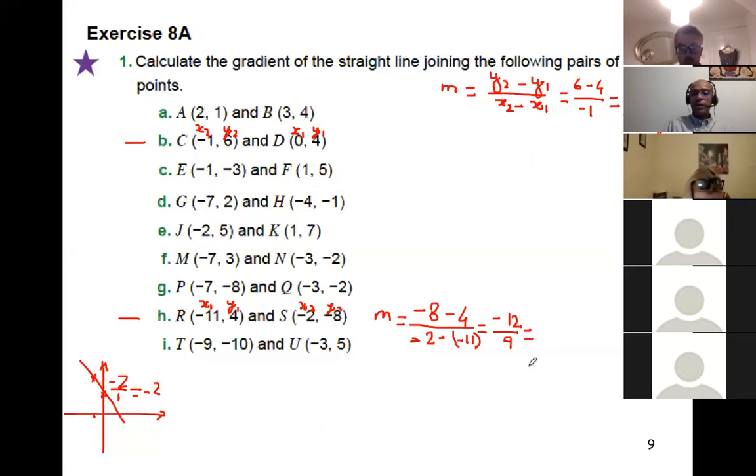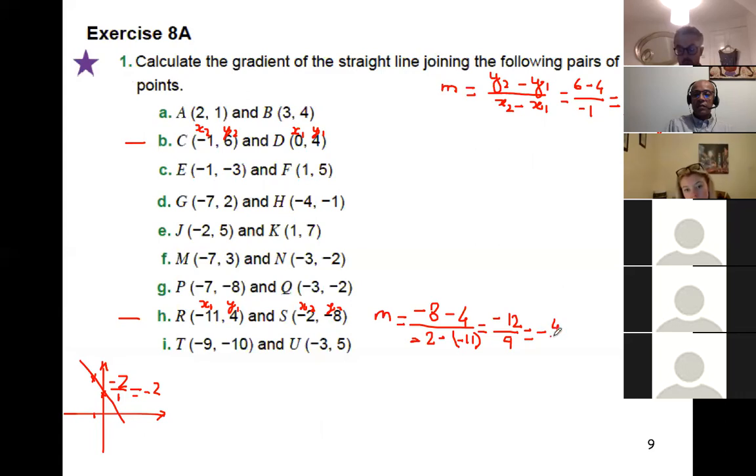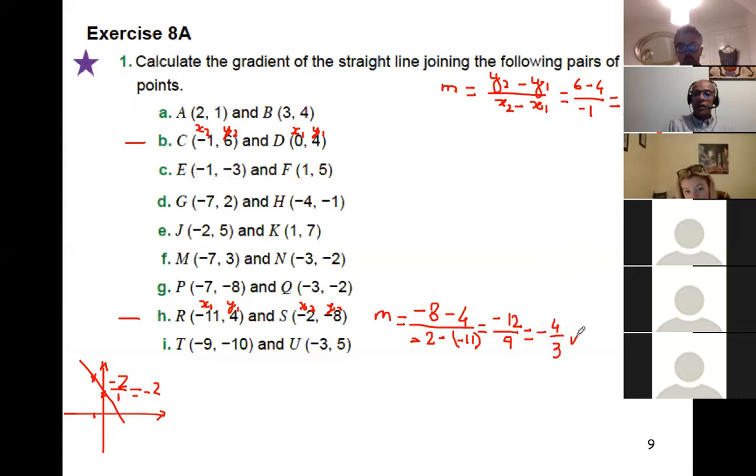Even if you can't remember that this is a 3 timetable for both of them, you can do 2 plus 1, that's 3. That tells you straight away I've got a multiple of 3 here. That means hopefully you remember that 3 times 3 is 9. So 12 divided by 3 is 4. So minus 4. 9 divided by 3 is 3. And now you get your full mark.